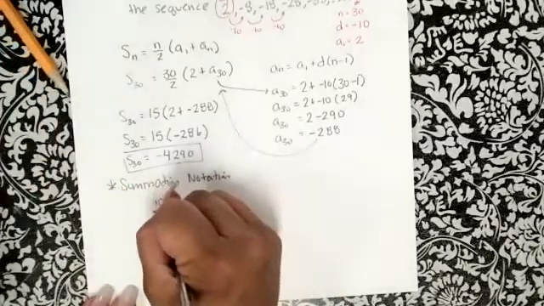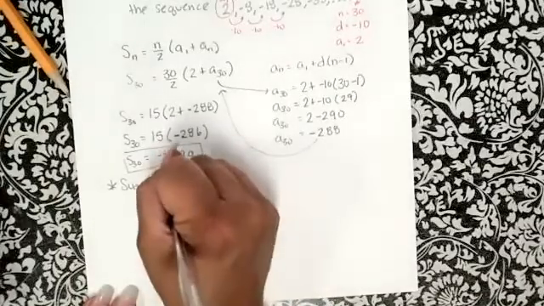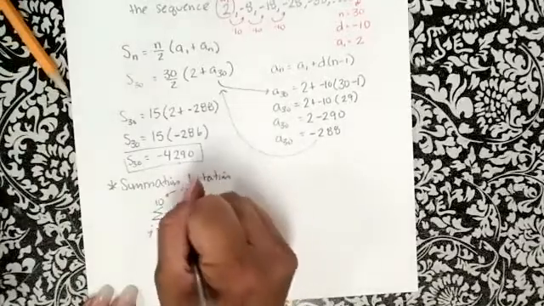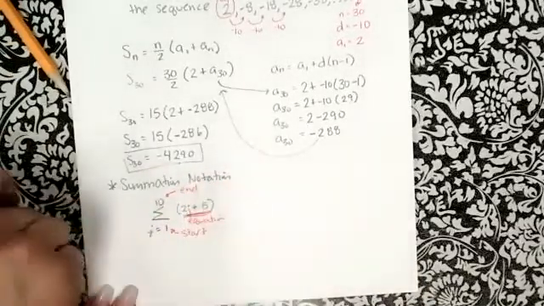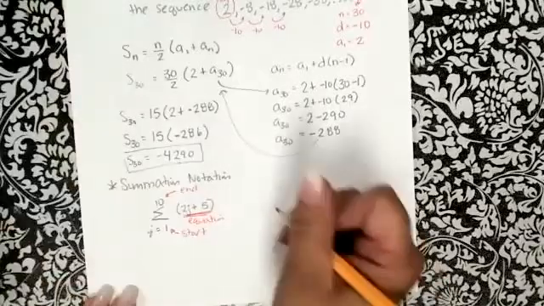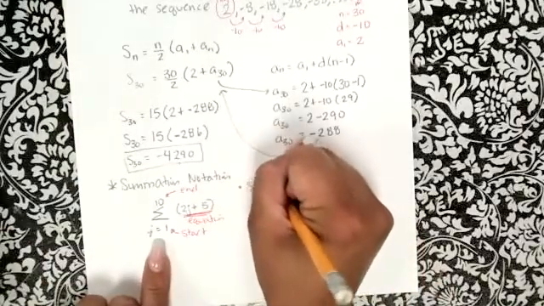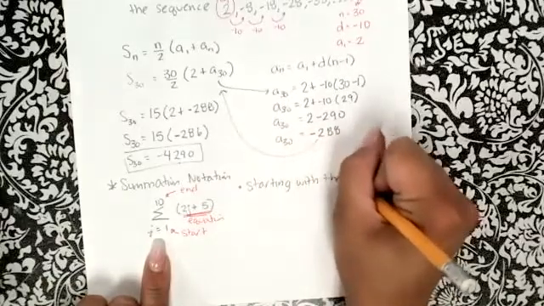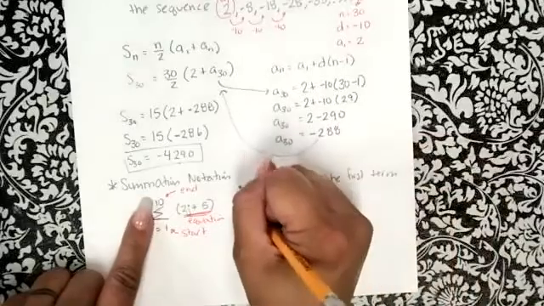So you're going to start at n equals 1. The number on the top is where you end at. And then this right here is going to be your equation. So basically, you're starting with the first term to the 10th term.